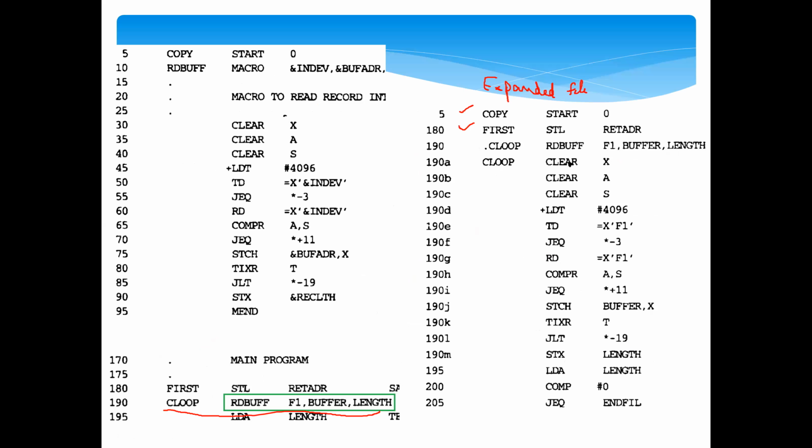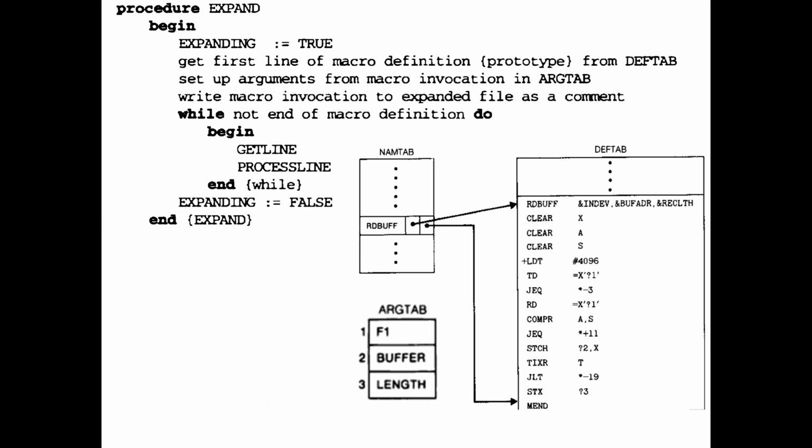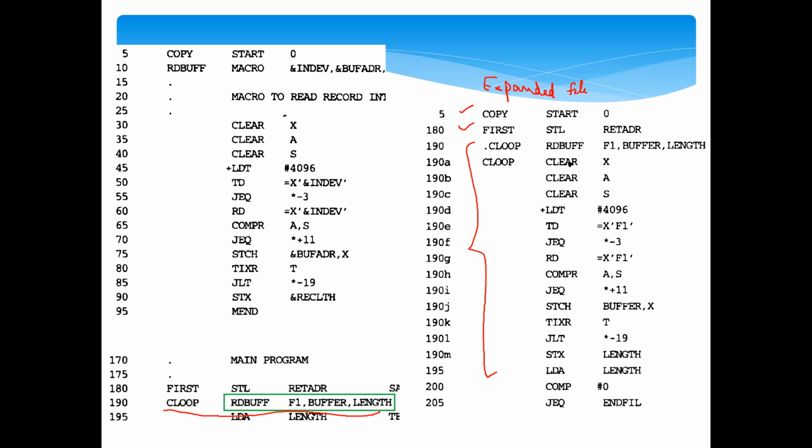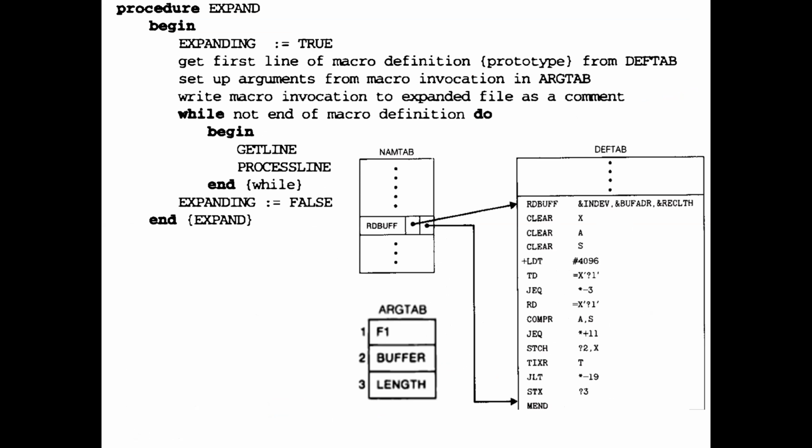So in expand, what you are doing is creating these expanded statements. Okay, so let us see. I think we'll have till the last statement is STX. So you will have till here. This is your expanded file. Let's see how it is done.